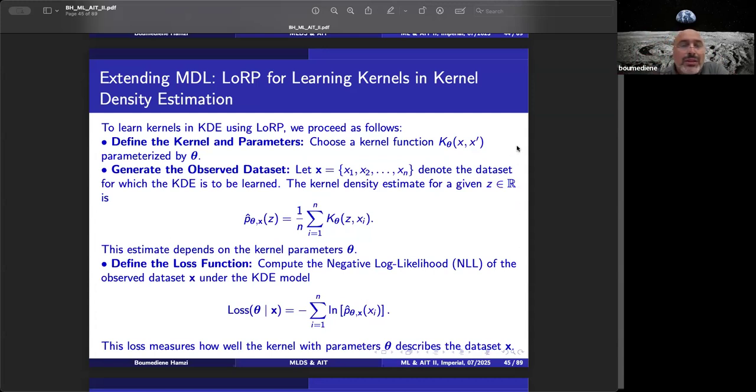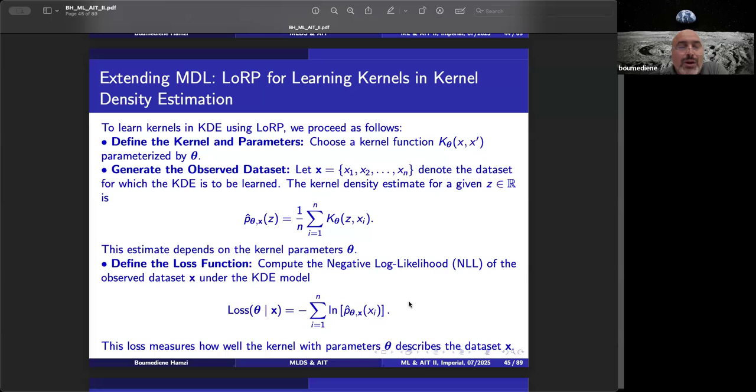To learn kernels in KDE using LoRP, we proceed as follows. We choose a kernel function parameterized by theta, and then we have the kernel density estimate given by the traditional formula. Our goal is to learn the parameters theta. We compute the negative log likelihood of the observed data set under the KDE model.